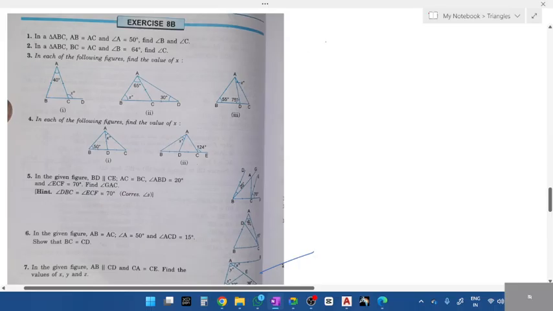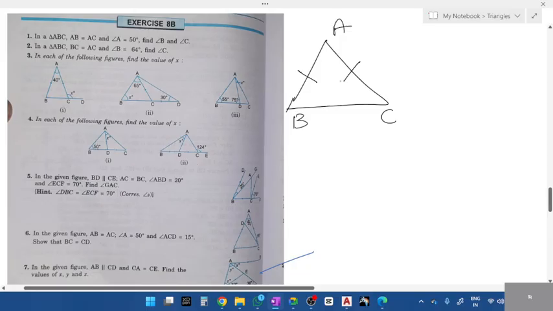So, first question. In triangle ACB, tell me which two sides are equal. AB and AC. Just put a mark here. Draw the diagram. AB is equal to AC.